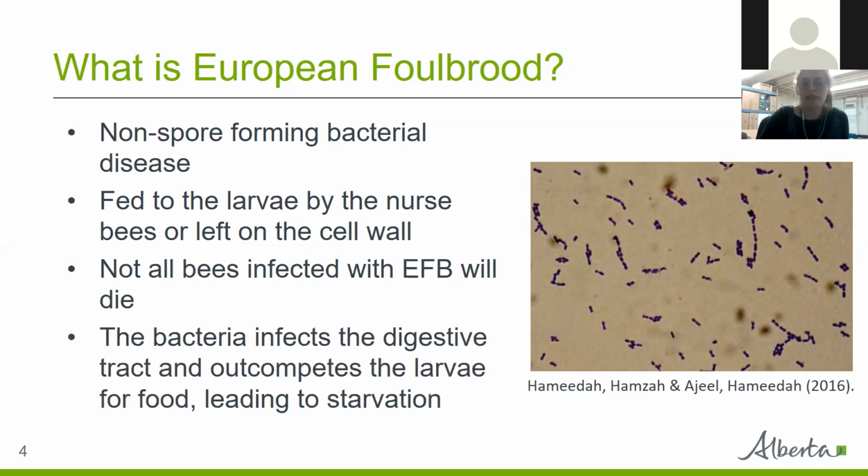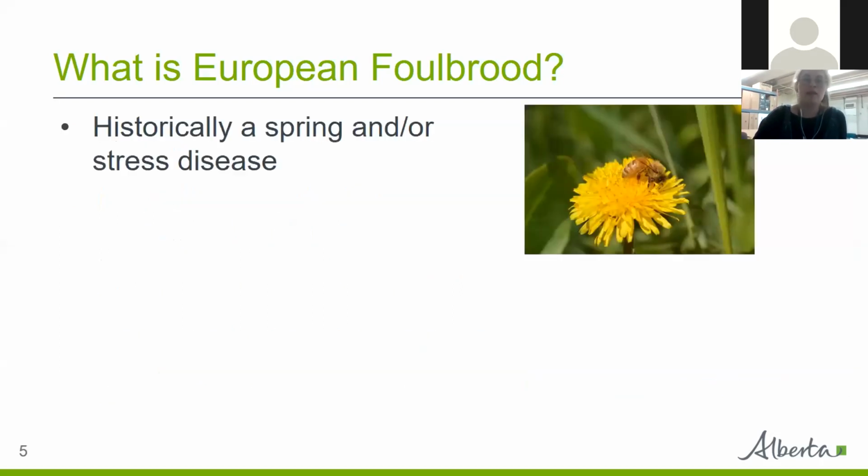As I mentioned, the bacteria infects the digestive tract, and it actually outcompetes the larvae for food, and unfortunately the larvae will die from starvation. This is kind of interesting because European foul brood historically has been a spring or stress-related disease, usually brought on by a nutritional deficiency.